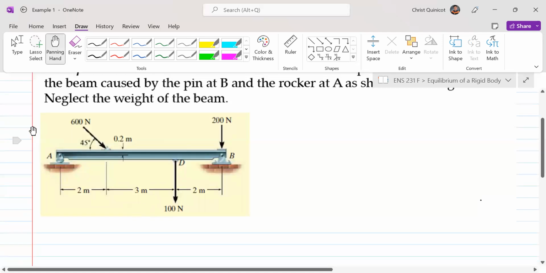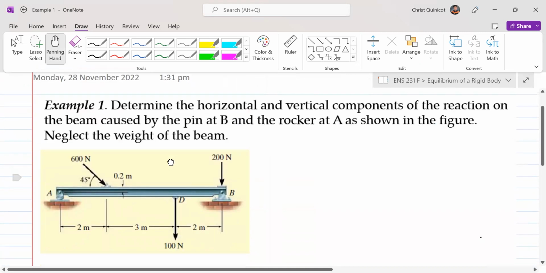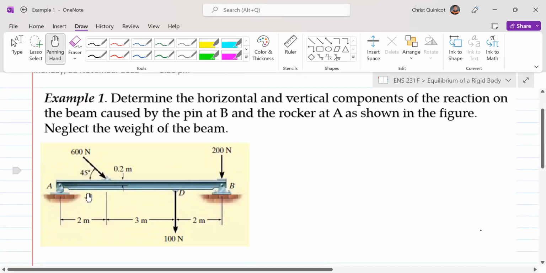express the corresponding forces that our structural connectors give to our main structure, which is our beam.